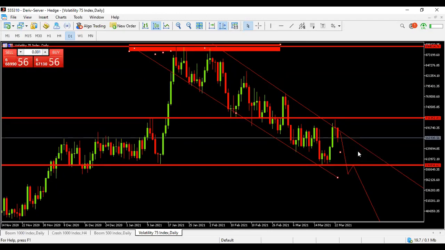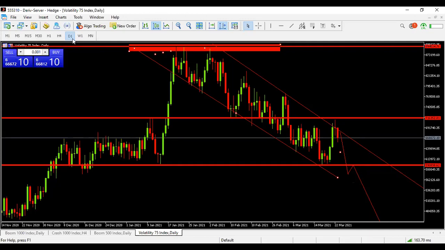But if price eventually breaks through this zone, don't sell because it has broken through this zone. Allow it to come down and come back and retest this zone. Once it comes back to retest this zone, if it gives you a bearish engulfing, a pin bar, hammer, whatever you call it, if it gives you such a candlestick on this zone after breaking through and coming for a retest, you can now place a sell after the closure of that particular candlestick.